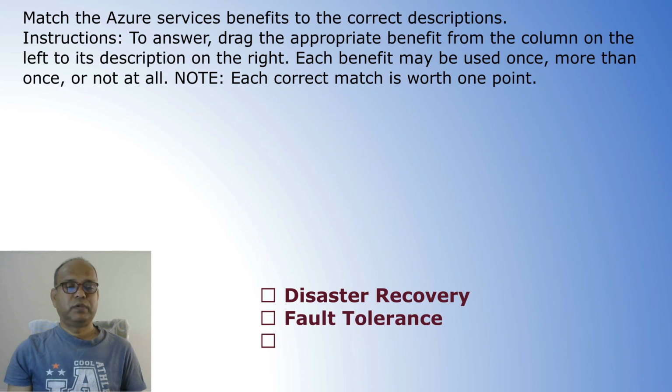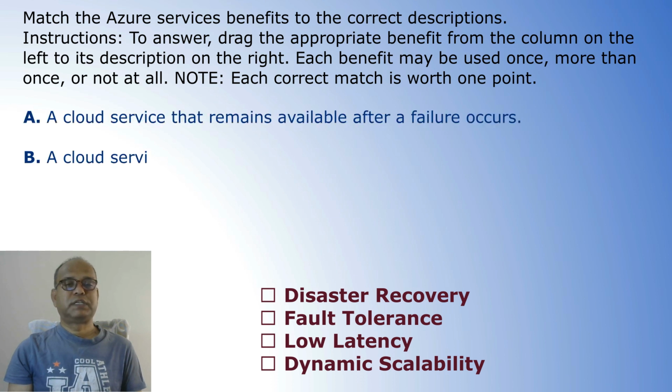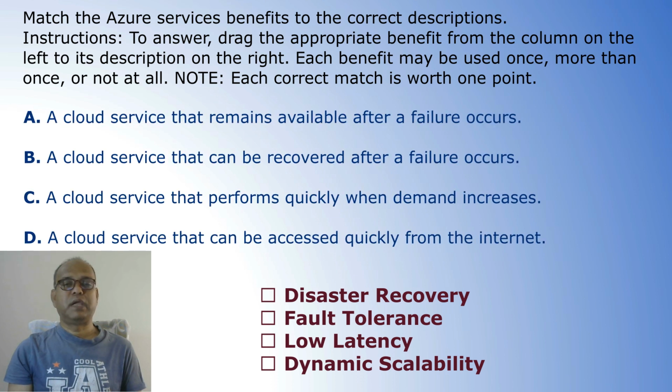Disaster recovery, fault tolerance, low latency, dynamic scalability. A cloud service that remains available after a failure occurs. A cloud service that can be recovered after a failure occurs. A cloud service that performs quickly when demand increases.